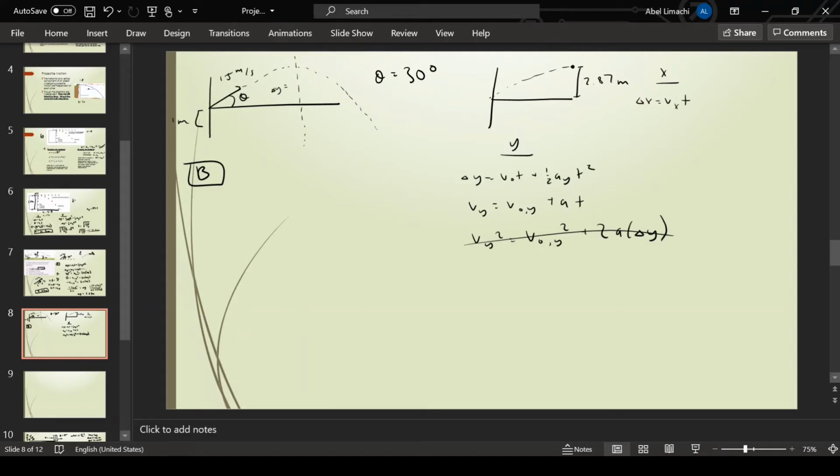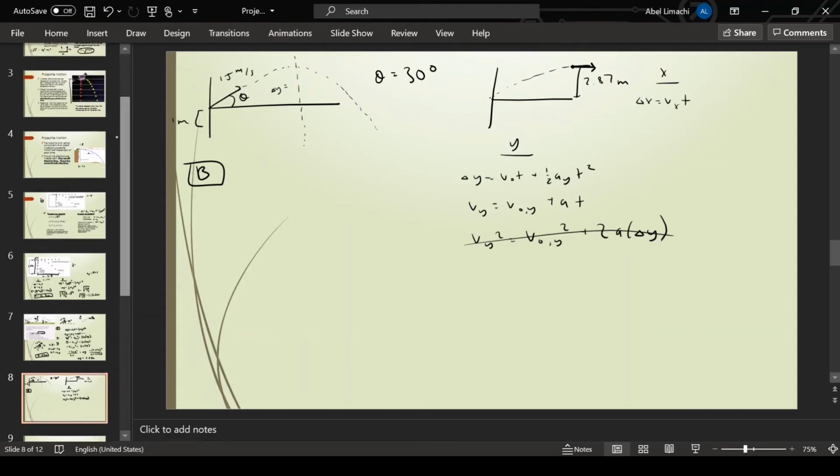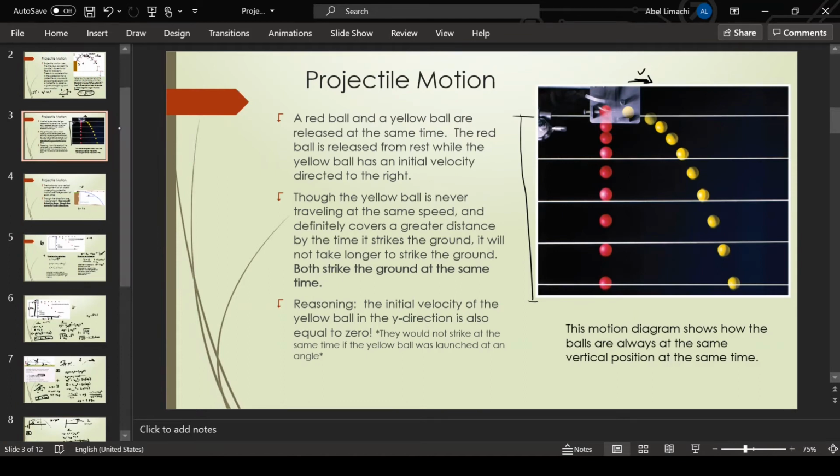So, what you can do is remember that at the top, at the maximum height right here, there's only the velocity in the x direction. There's vx. So from here to here, you can picture it as if this yellow ball was like this red ball.